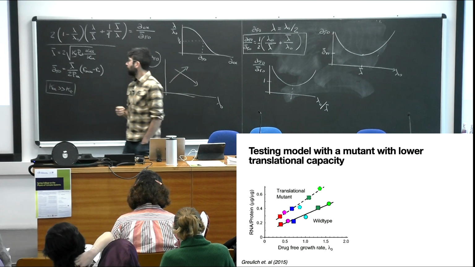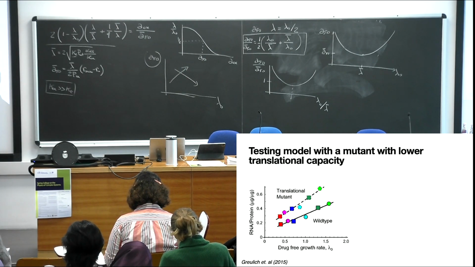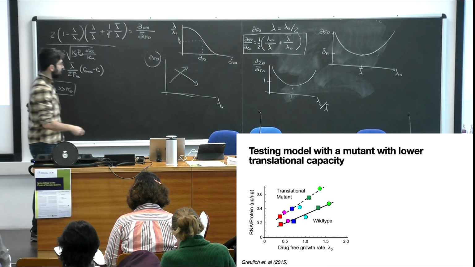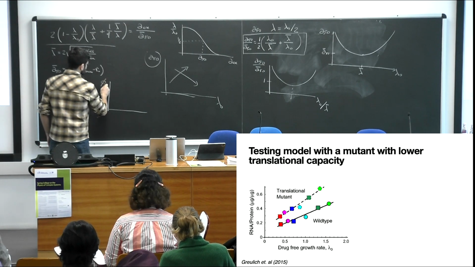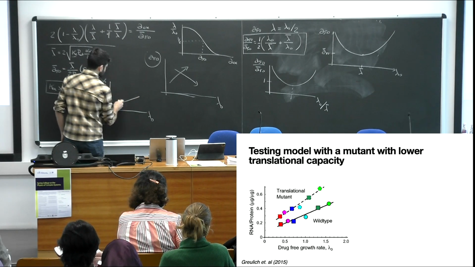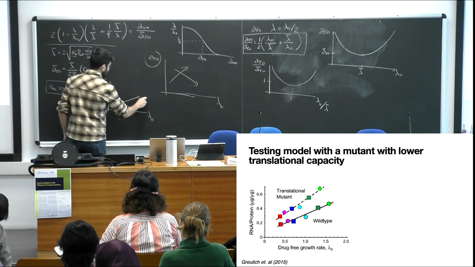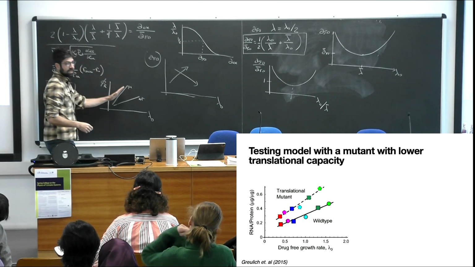Right? And so if you have ribosomes that go slower, when you do the plot of phi as a function of lambda naught, what you expect is that if this was the wild type, the mutant is going slower. So it has a slope.